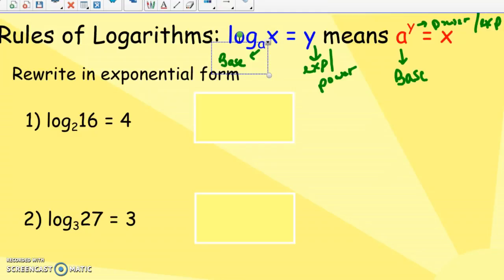If you can always remember what your base number is, that should always go first when you're changing from one format to the other, and then it's always going to be raised to the y power. So when we switch from one format to the other, you're really just interchanging the x and y values.